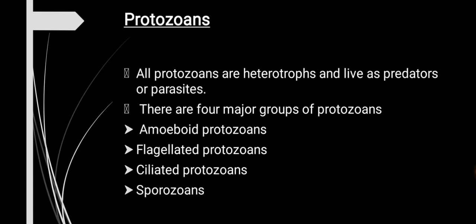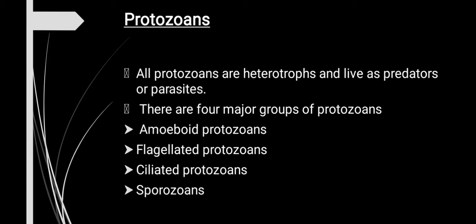The last type of protist we have to study is the protozoans. The protozoans are heterotrophs and live as predators or parasites. So the first three, that is chrysophytes, dinoflagellates, and euglenoids, are photosynthetic. Slime molds are heterotrophs, but they have the saprophytic mode of nutrition.